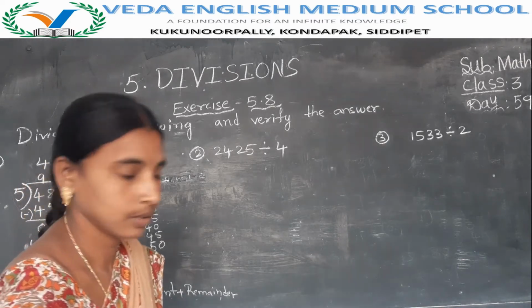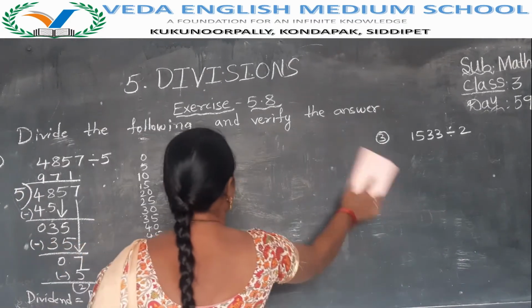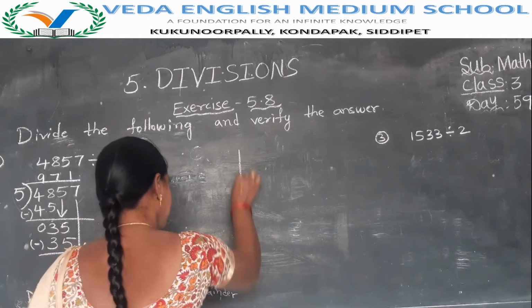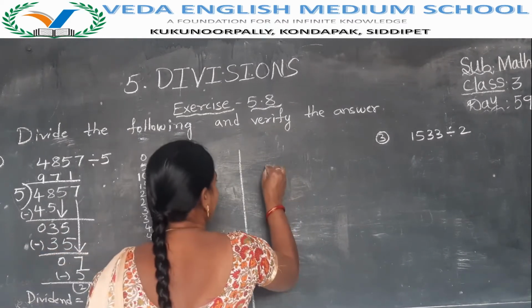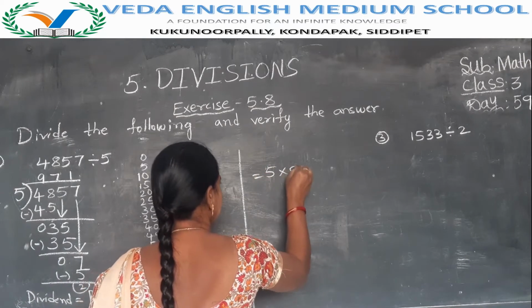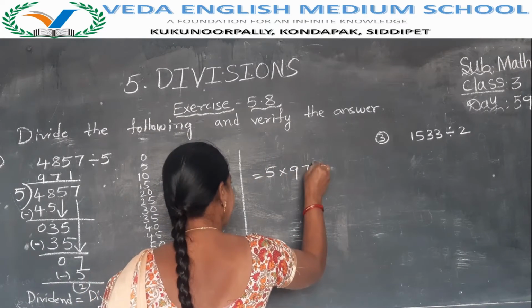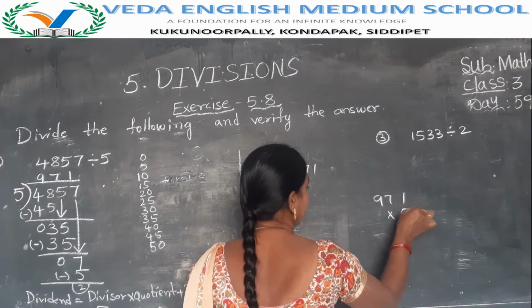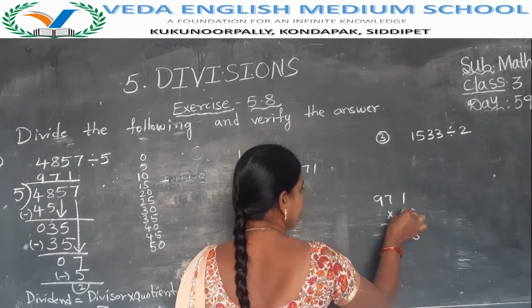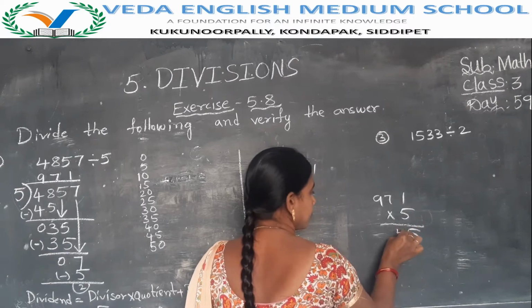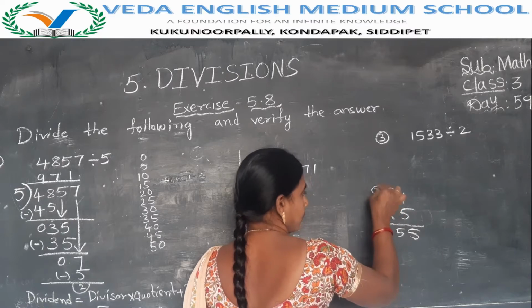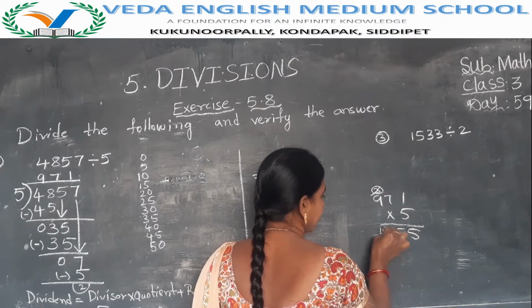So now 5 into 971. See, 971 into 5. 5 1s are 5. 5 7s are 35. So here 5, 3 carry. 5 9s are 45. 45 plus 3 is 48.